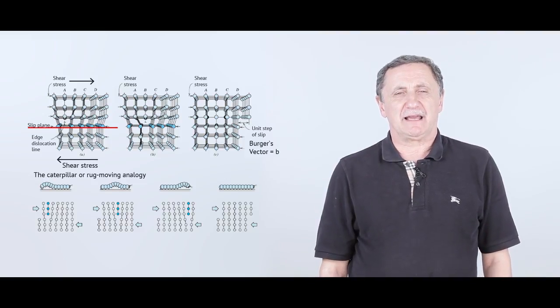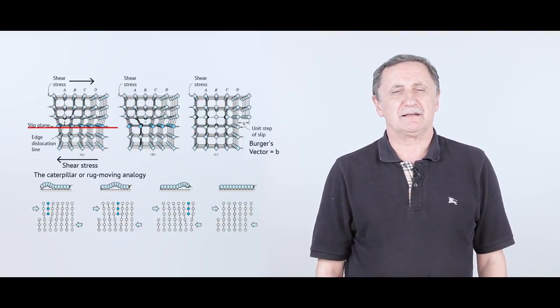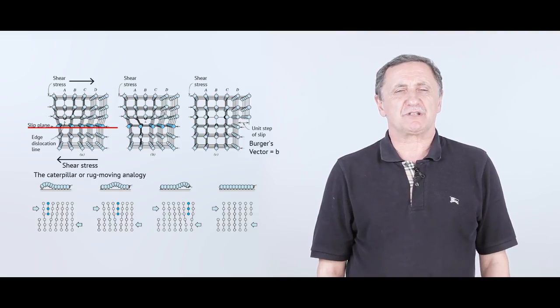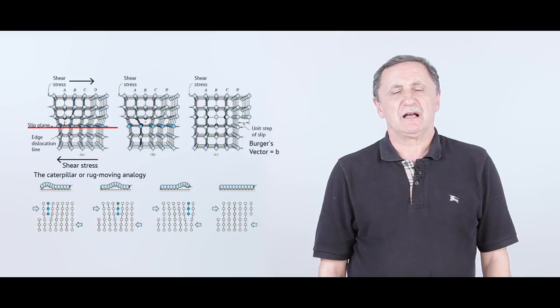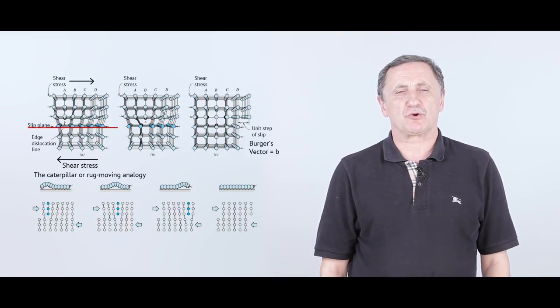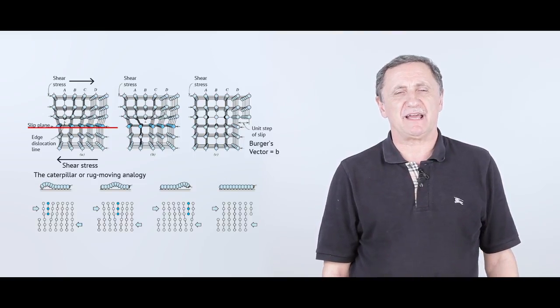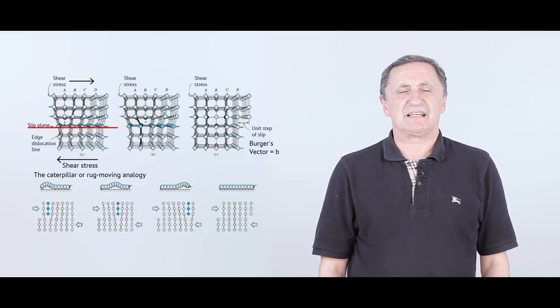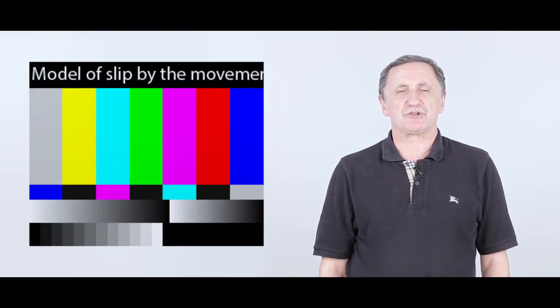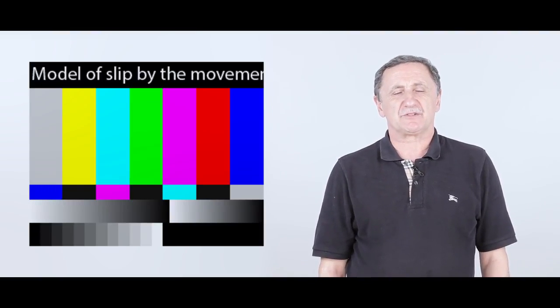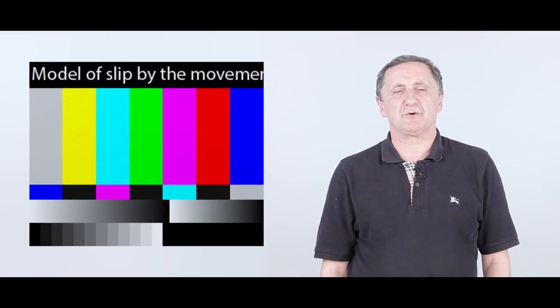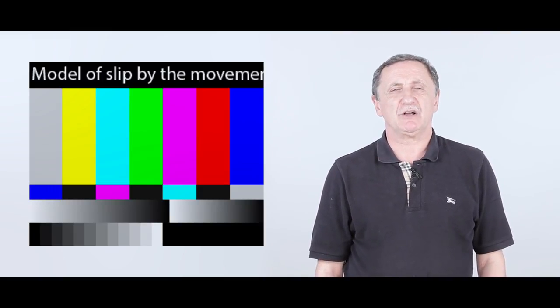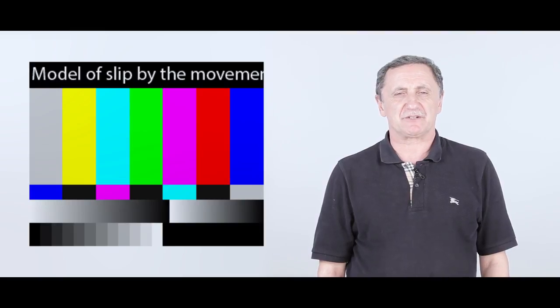So this movie shows you one more time that in order to reach plastic deformation, you don't need to destroy all bonds along the planes of the slip step formation, but every time you need the distortion of only the bonds along one direction, which is normal to the plane of the edge deformation.